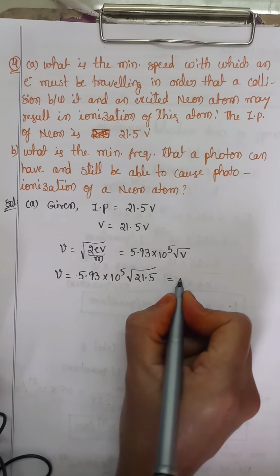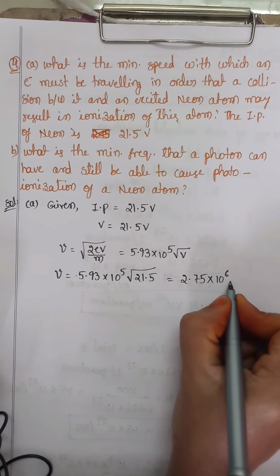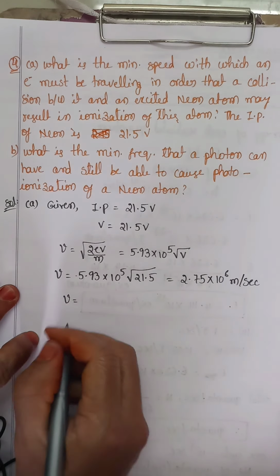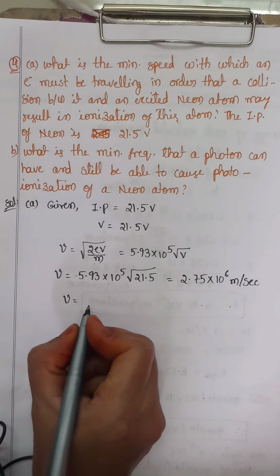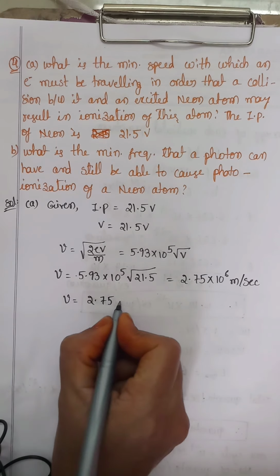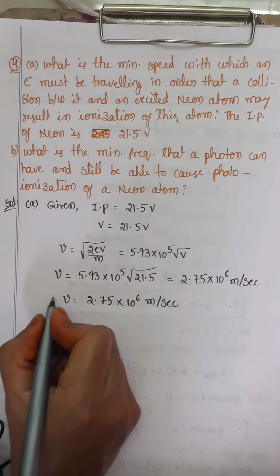If we simplify this, we get 2.75 into 10 to the power of 6 meter per second. This is the velocity with which the electron is travelling. So the velocity of the electron is 2.75 into 10 to the power of 6 meter per second.